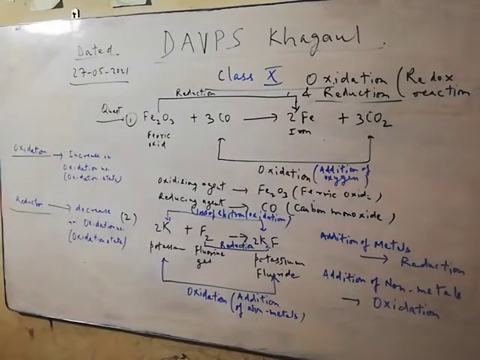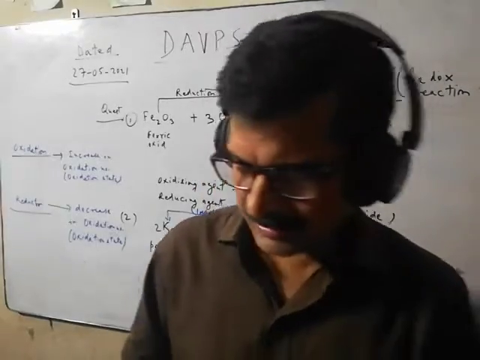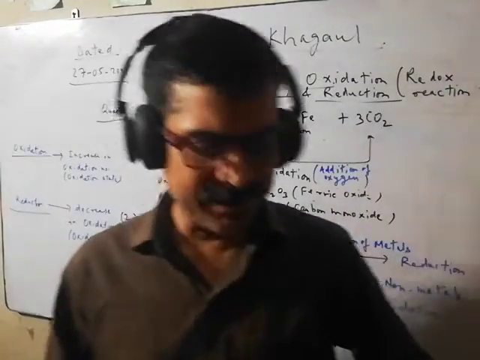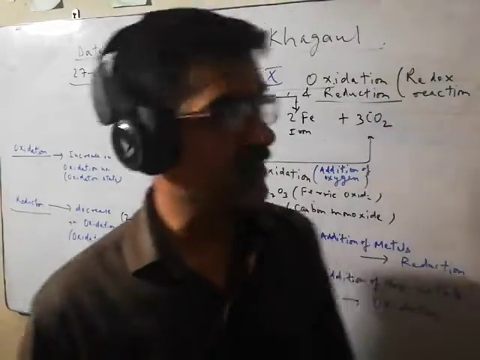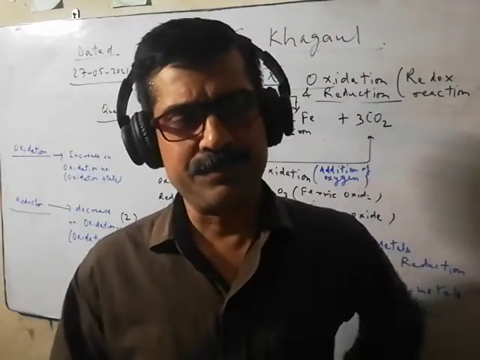Okay, class 10 students, we were going through some reactions, oxidation and reduction reactions, and earlier we decided when a chemical reaction is said to be oxidation and when it is said to be reduction.